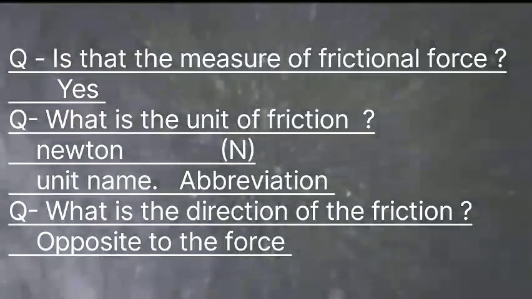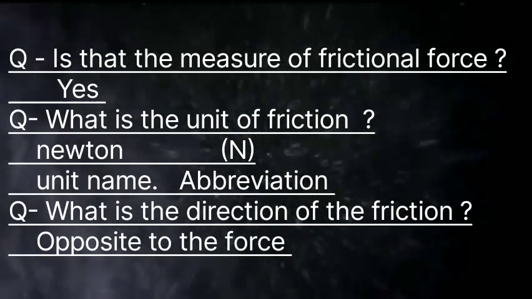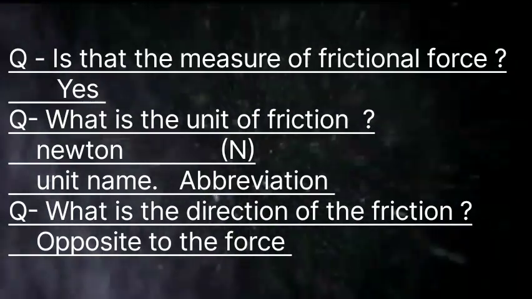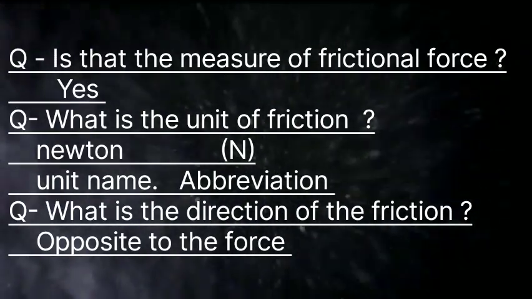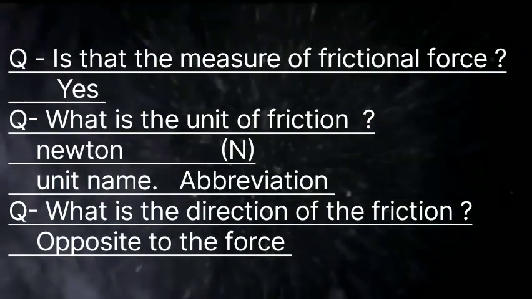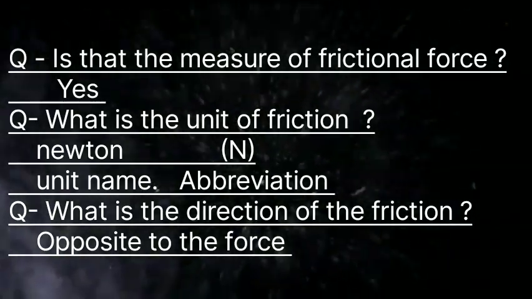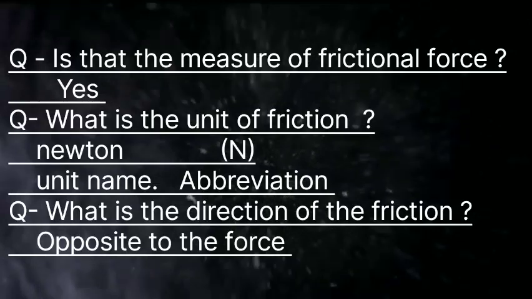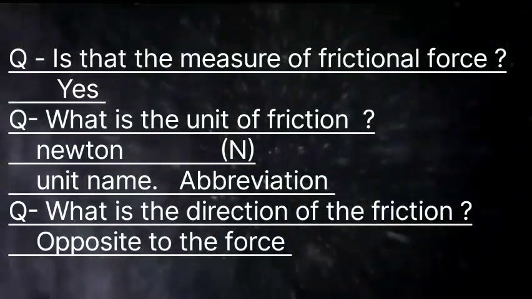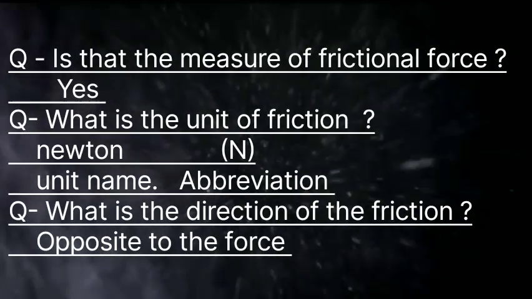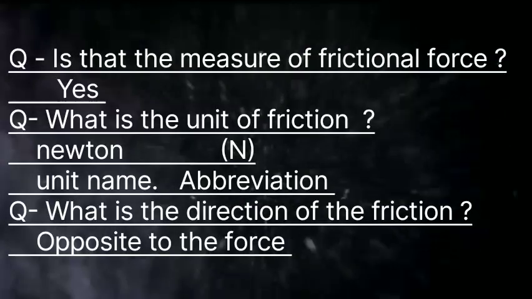You guys respect Isaac Newton, but please write newton with a small letter for the full name. If you write the abbreviation, it will be the capital letter N. When you are asked in an exam, you write the name with a small letter.